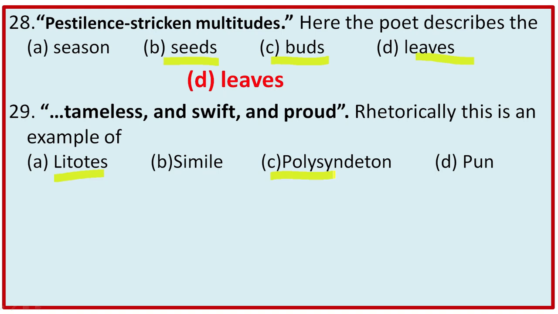In a polysyndeton, there is the excessive use of connective or coordinating conjunctions like and, but, and pun, duplicity of sense or meaning under the unity of sound. So, tameless and swift and proud. And is repeated here. So, this is an example of polysyndeton, the excessive use of the coordinating conjunction and. So the right option is C.